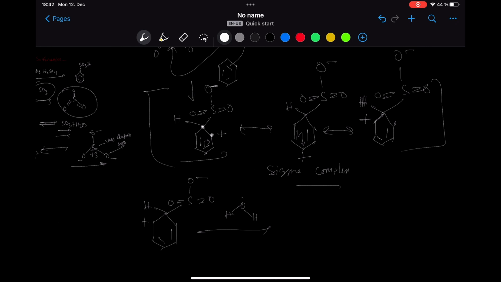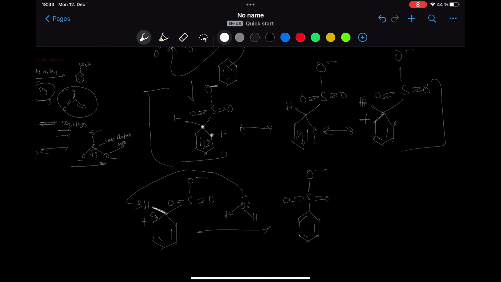We have lone pairs of electrons on this oxygen atom, and this will try to pull off this hydrogen atom. The bond between this carbon and hydrogen will break. The electrons will be left in the ring to form the double bond. Now we are reforming our benzene ring like this, and now we are only left with our sulfur trioxide.